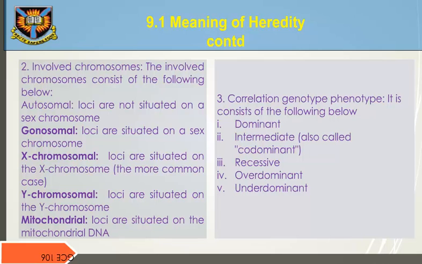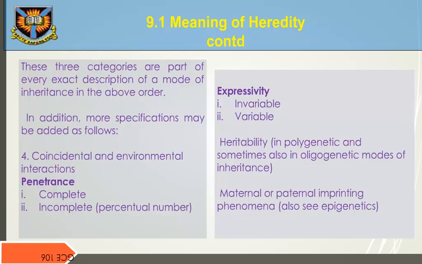3. Correlation genotype phenotype. It consists of the following: 1. Dominant. 2. Intermediate, also called codominant. 3. Recessive. 4. Overdominant. 5. Underdominant. These three categories are part of every exact description of a mode of inheritance in the above order. In addition, more specifications may be added as follows. 4.